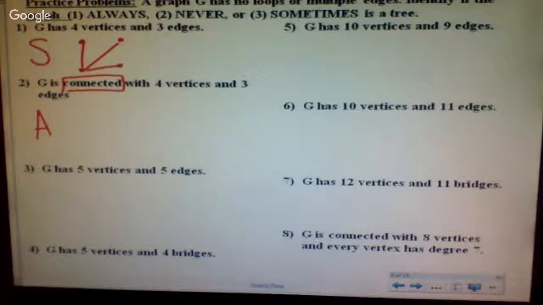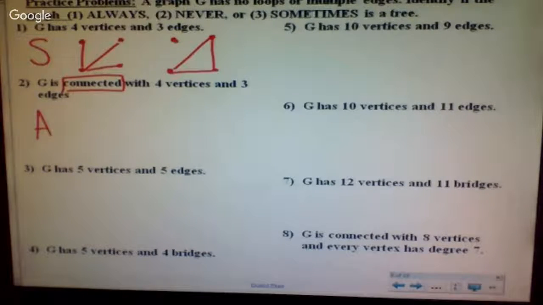That one works. But I could also have one that's not connected, like this. So, number 1 is a sometimes.